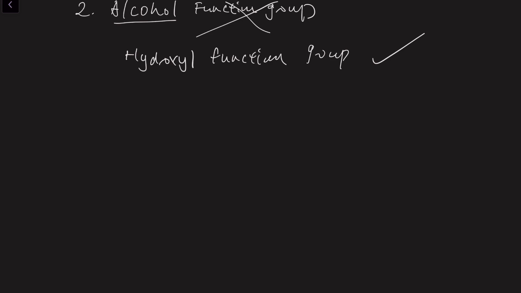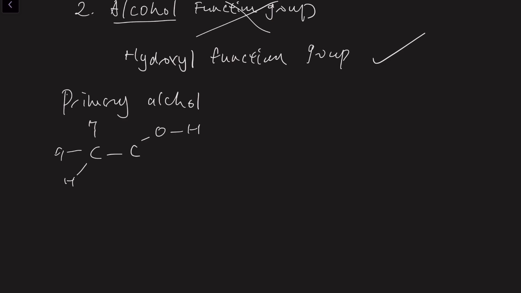So let's have a look at the 3 types of alcohol. So the first type is primary alcohol. So whenever you have something like this, it is a primary alcohol.